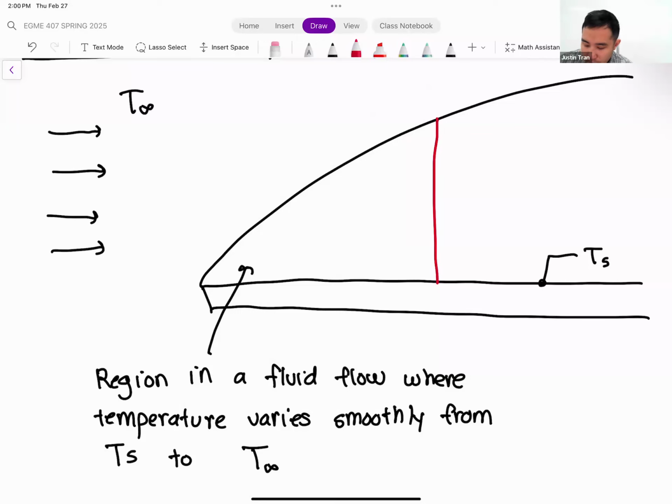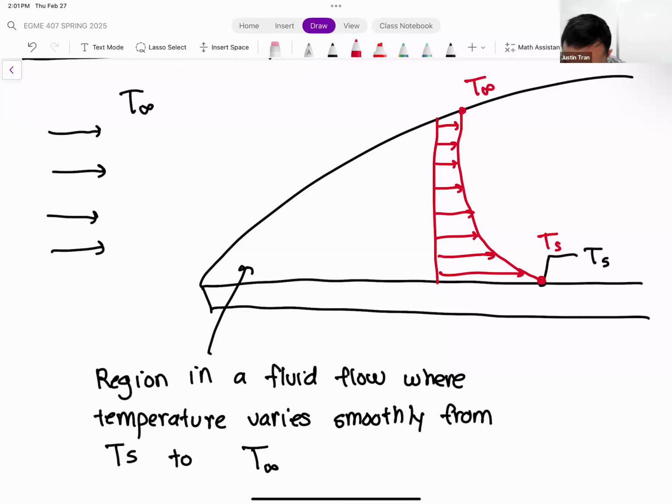Here, the curve is going to look a little bit different because we're kind of reversing it here because Ts is hotter than T infinity. Okay. So maybe look something like this. So at the surface, the temperature is Ts, and then as you go up the boundary layer, eventually the temperature is going to transition to T infinity at the very edge of the boundary layer, right?